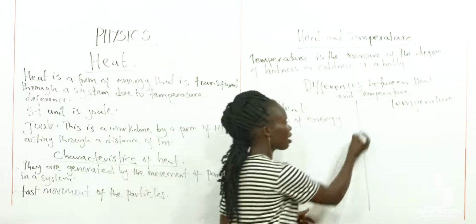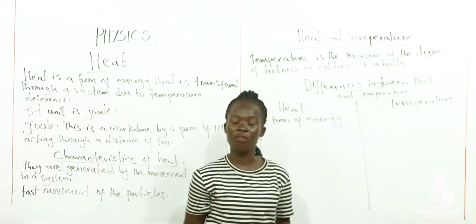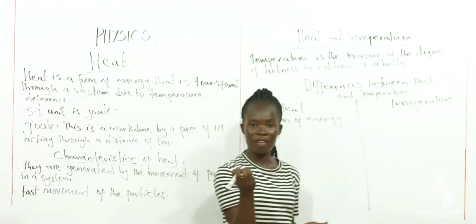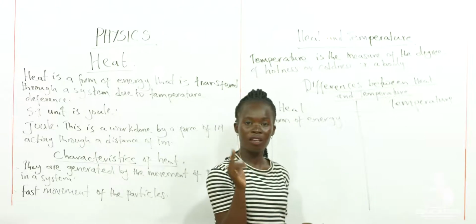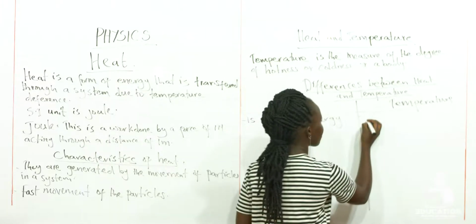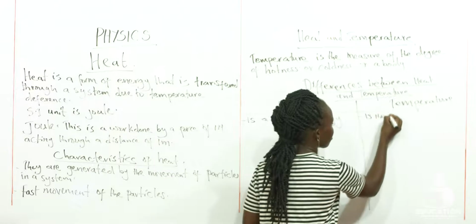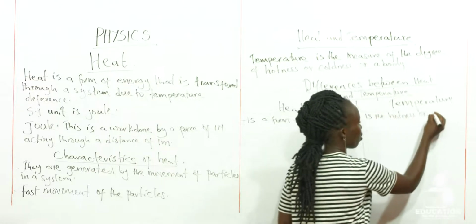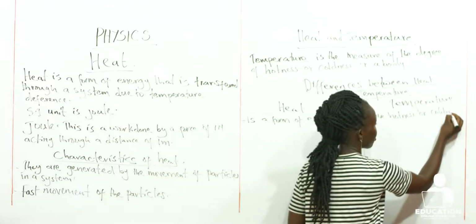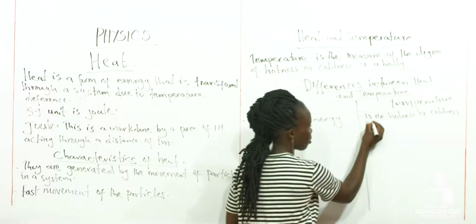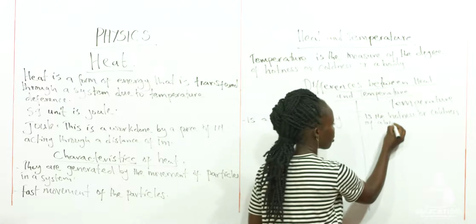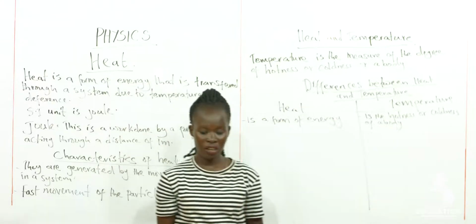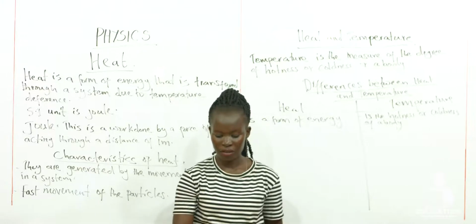The temperature is just the degree of hotness or coldness of a body. So that is one of the differences between the two. So we have it as the hotness or coldness of a body. So you see, from our definition we already generated our first difference.